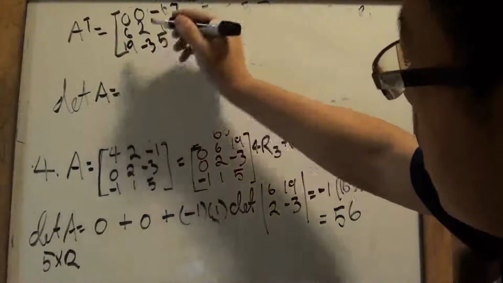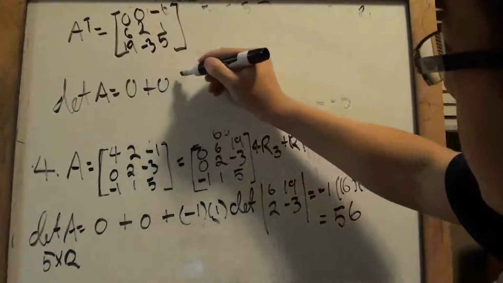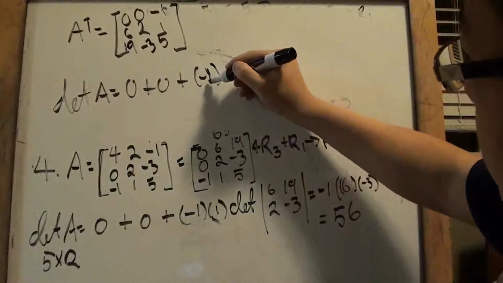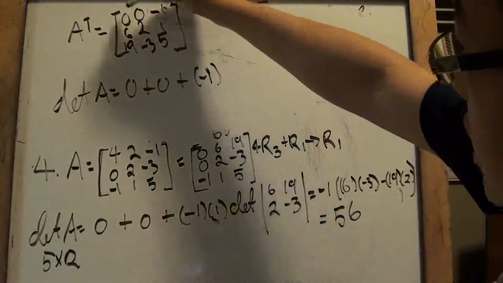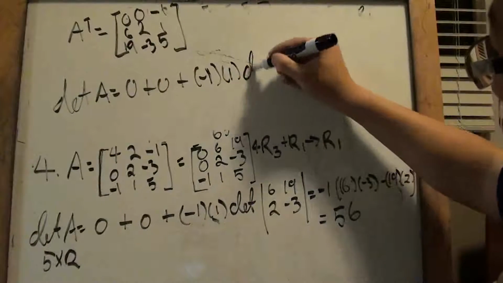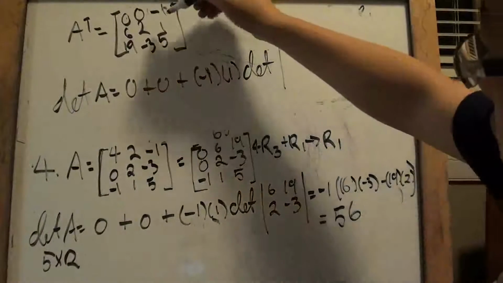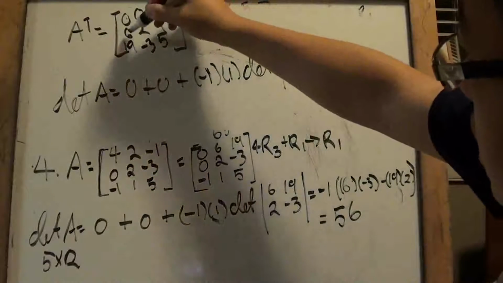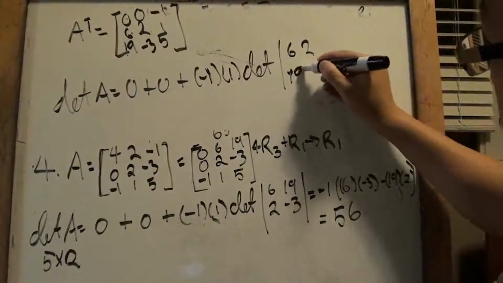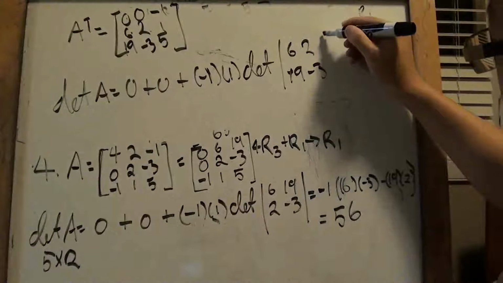det A equals 0 plus 0 plus -1. And I didn't put -1 because of the sign chart. It's just -1. Sign chart wise it is positive, negative, positive, so it should be positive. Just so that you guys know. And then here is 6, 2, negative, no, yeah, no negative on 19.